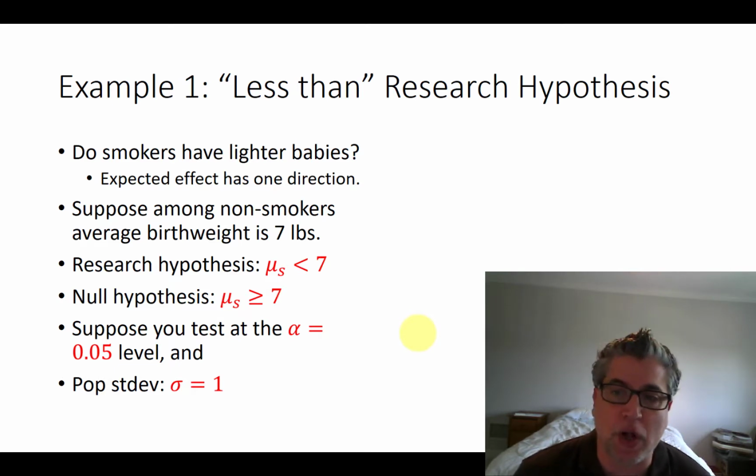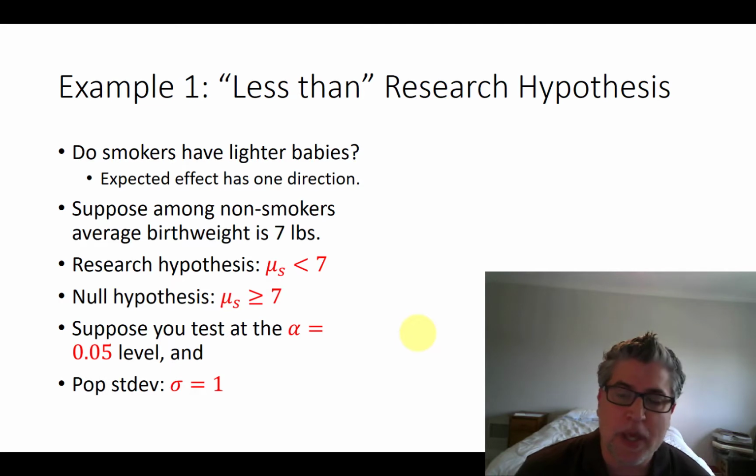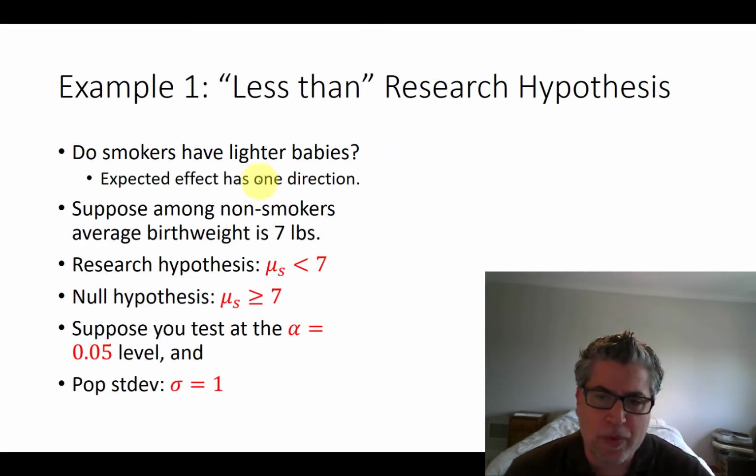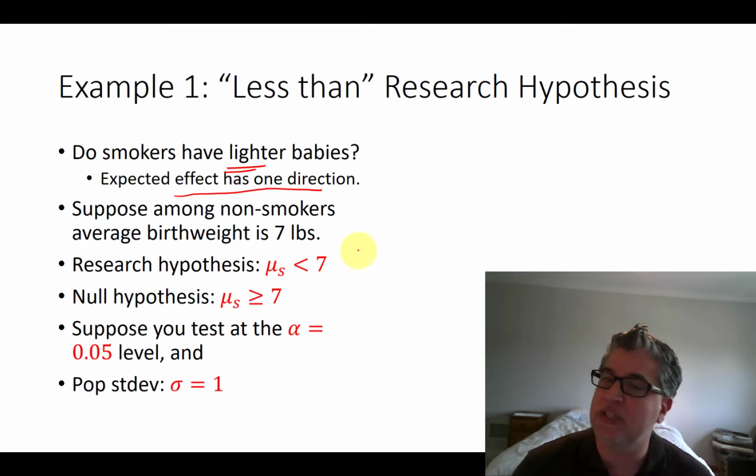Could one of those also be lower birth weights for babies? So notice that the expected effect here is only in one direction. We're not saying that smokers have different weight babies than non-smokers. We actually claim that they have lighter babies, that smoking has an adverse effect, not just that it has a different effect.